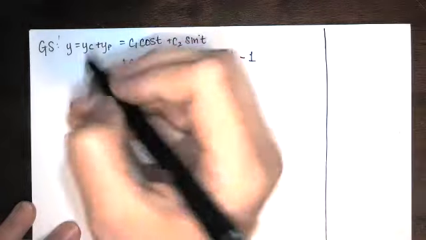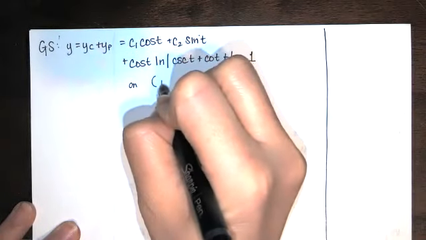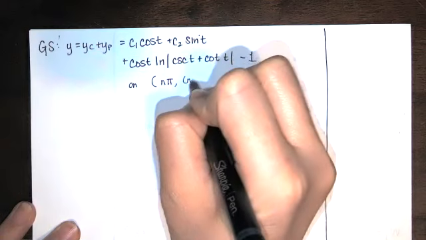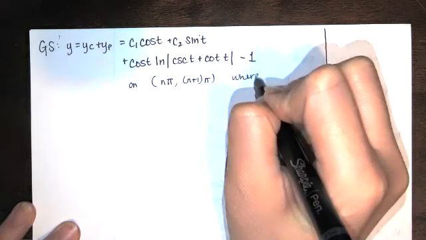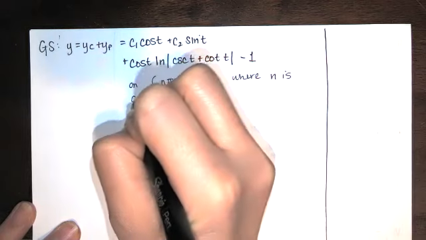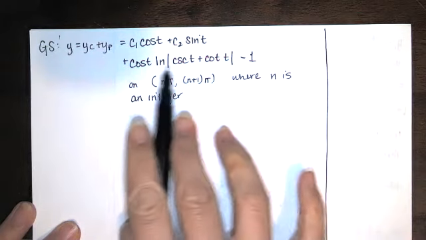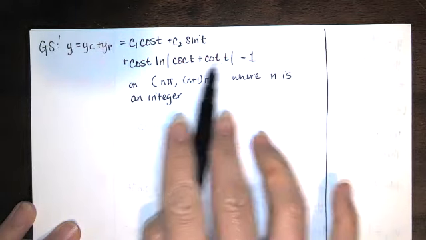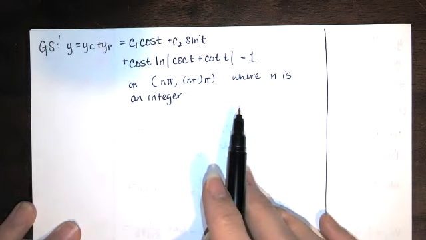So let's say on some interval of the form n pi to n plus 1 pi, where n is an integer, because we can't have a sine of t in the denominator here, because then we would be dividing by 0.